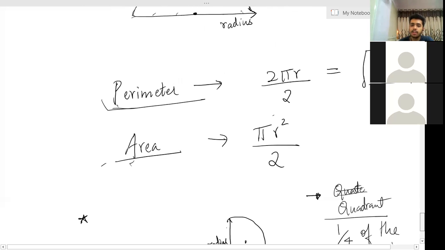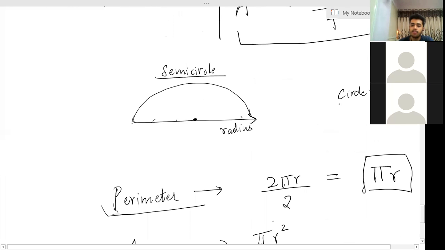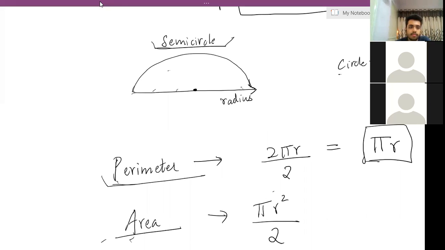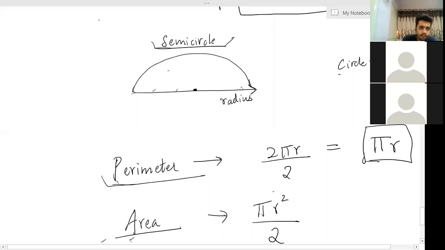So I made a mistake in the perimeter of the semicircle. Can you tell me where is the mistake? See, for a circle, this red color is the perimeter or circumference, right?